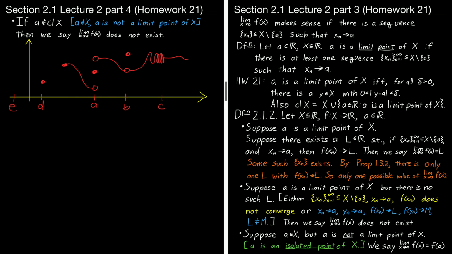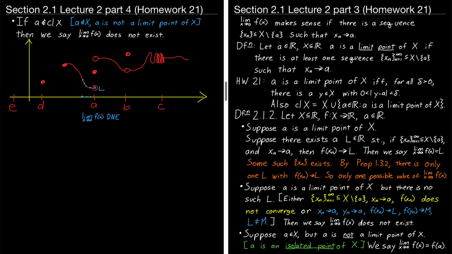that the limit as x goes to A of f of x does not exist, and that's because you can have one sequence of points that's converging to A, where then f of xn is converging down to L down here.